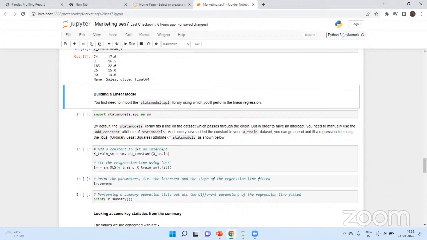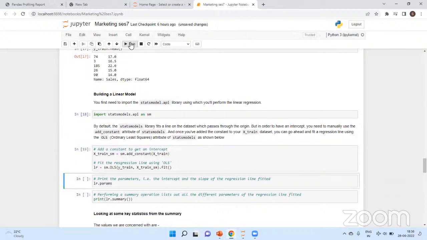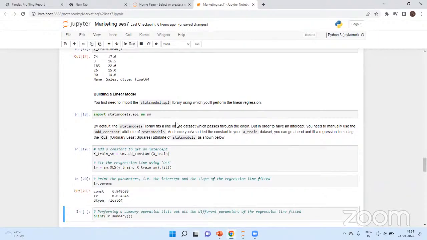In ideal cases the line passes through the origin, but if you have an intercept, the line passes through the intercept on the axis. So to get a constant value, like y = mx + c, if you have some intercept, you will get one constant value. So find the parameters, the intercept and the slope of the regression: the constant value and the TV coefficient.